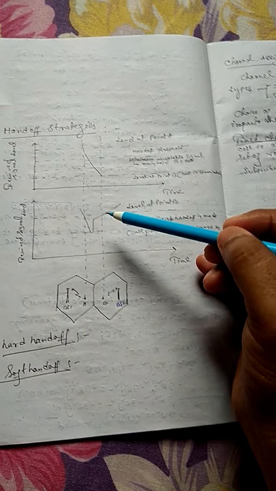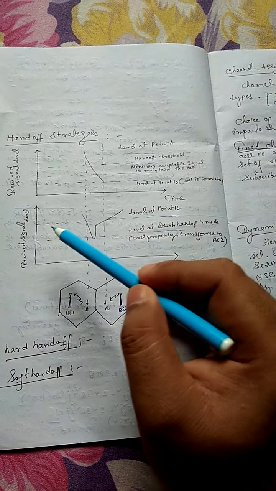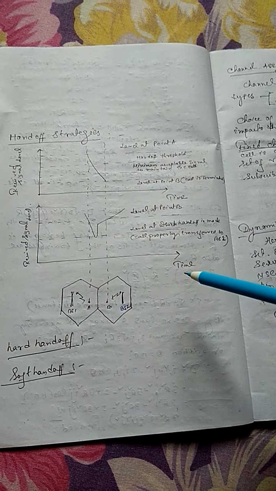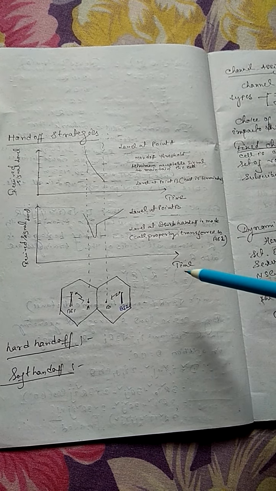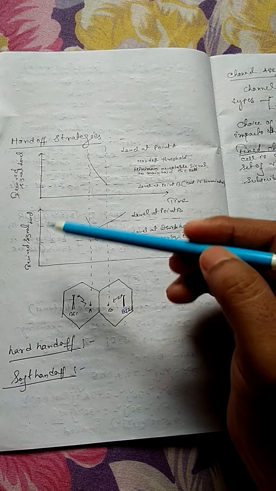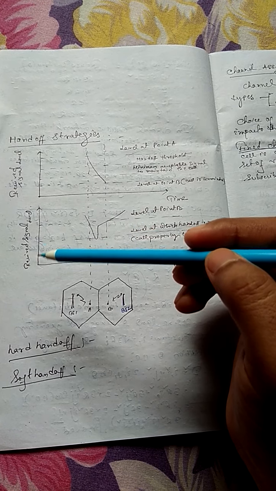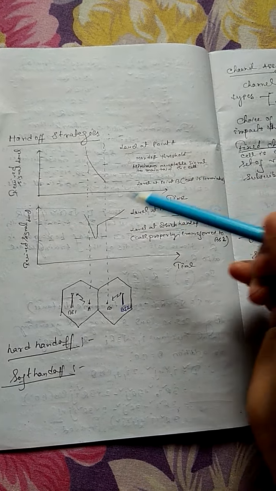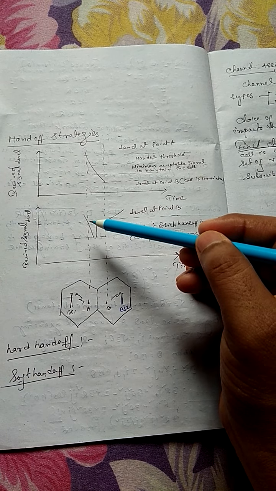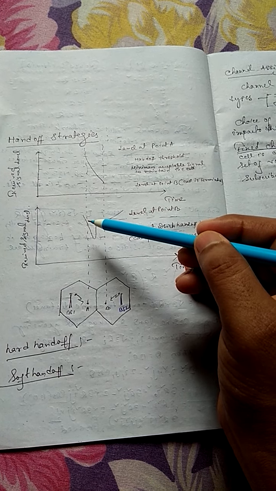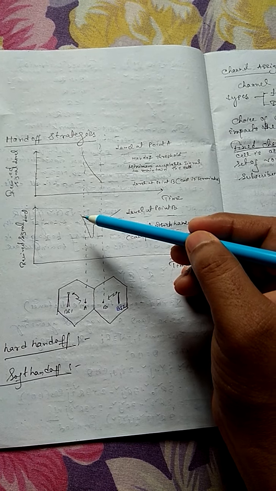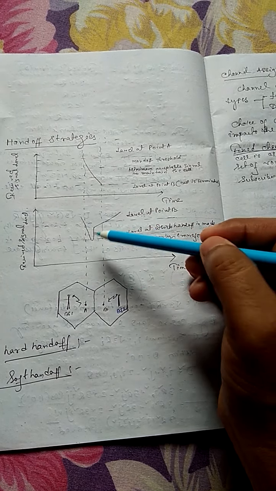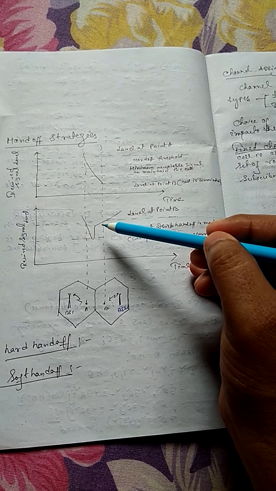Now first of all, this is another graph. On the x-axis we describe the time, and on the y-axis we describe the received signal level. This is our point A. Now from here we move to that particular point.